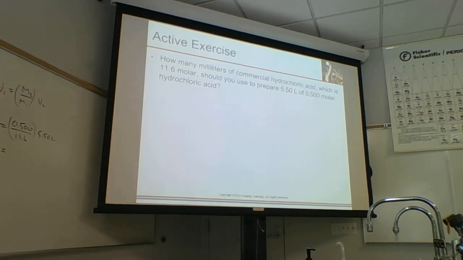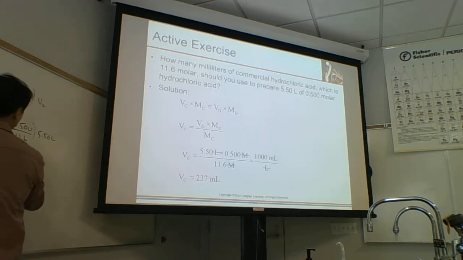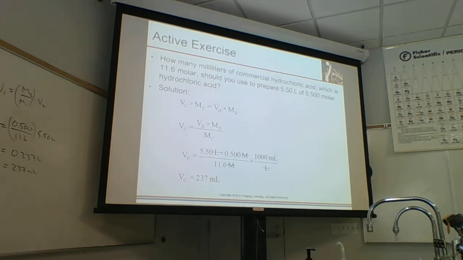Figure that out here. It comes out to 0.237 liters, which is 237 milliliters. And so what we'll do is we'll take 237 milliliters of concentrated stuff and add enough water so that the total volume comes out to 5.5 liters. And that would give us the proper dilution.